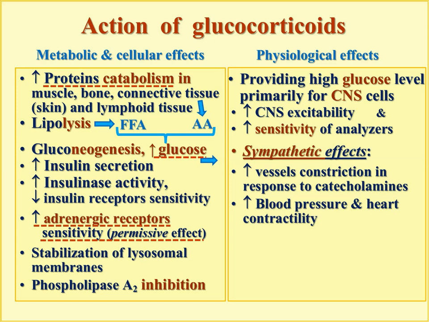So it's a very serious and severe permissive effect. Permission can be given by cortisol to adrenergic receptors to respond to the ligands, catecholamines. So absence of glucocorticoids practically decreases to zero level the effect of catecholamines on vessels.